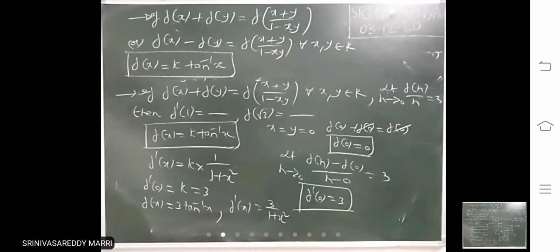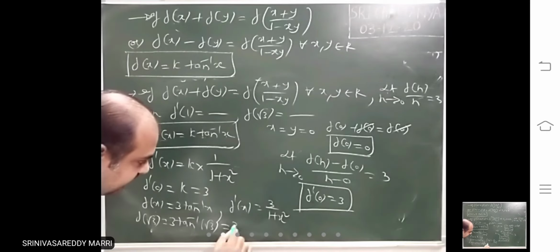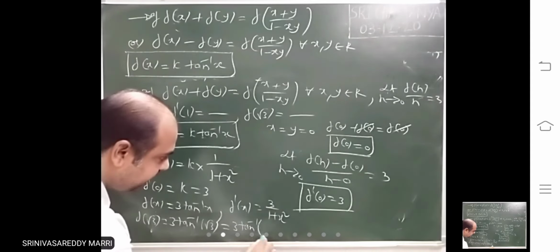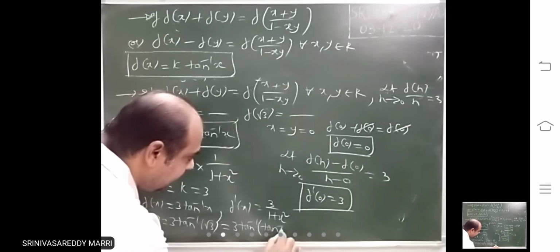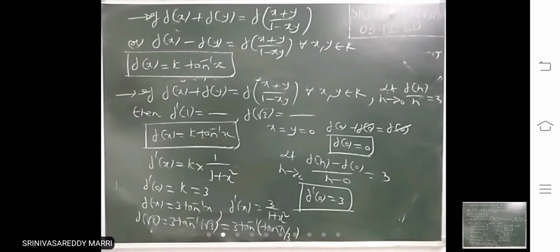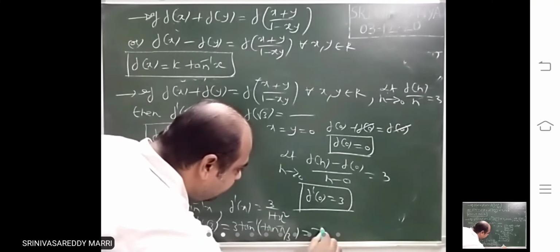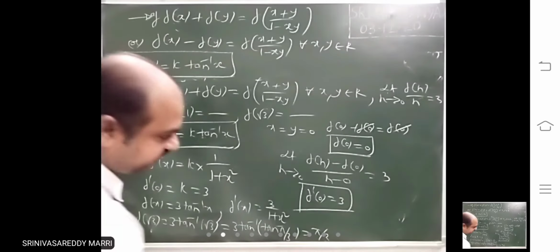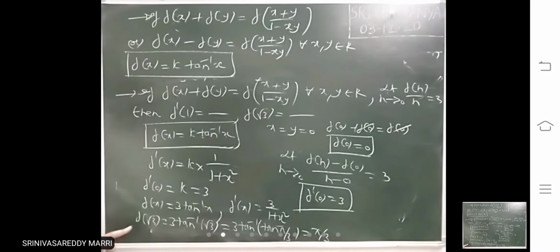Now what do you want? f of root 3, which is 3 tan inverse root 3. 3 into tan inverse root 3 means tan inverse tan pi by 3, which is pi by 3. So the first one you got, f of root 3.